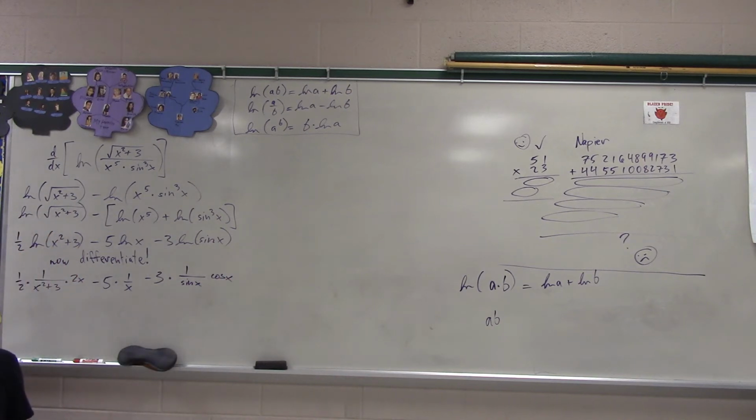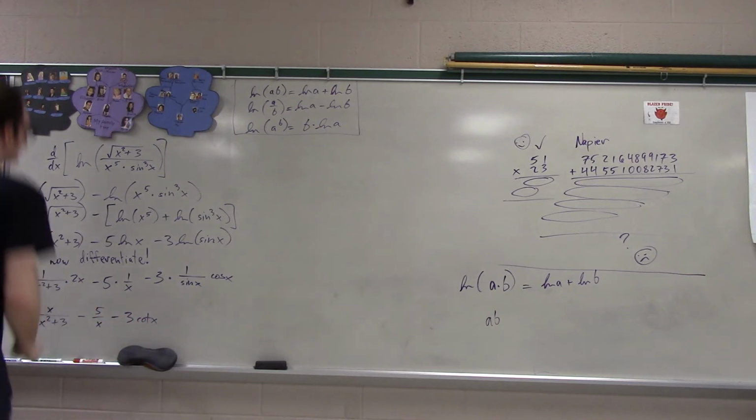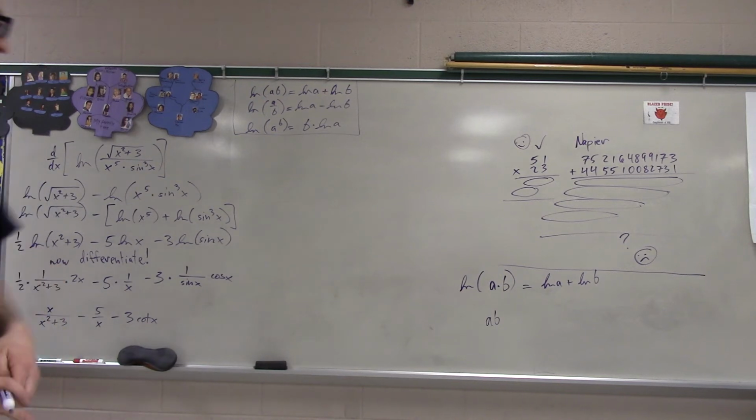And so with quite little work, I have that my answer is x over x squared plus 3 minus 5 over x minus 3 cotan x.